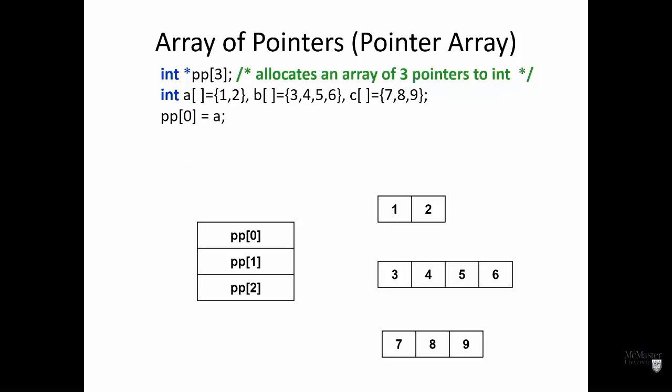If I say BB[0] is A, it's going to take the address of A. Then B gets the address of B, and C the address of C. So using arrays of pointers is as if you are defining an array of arrays, because each entry in that array is an address to another array. Does it seem fun?